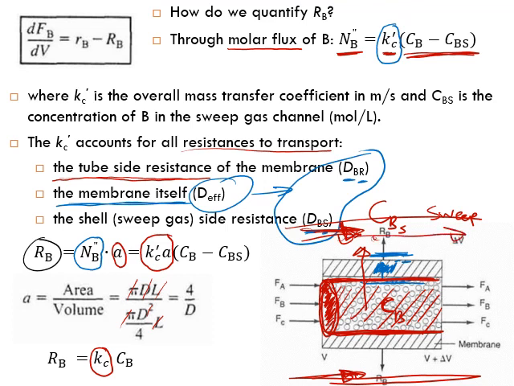So the concentration of B in the sweep gas is way smaller than the concentration of B inside the membrane. Therefore, we can neglect this. And now the equation becomes a very simple equation, which is Kc multiplied by Cb. And we were able to write this equation through our knowledge of mass transfer, which you have studied in Separation 1.